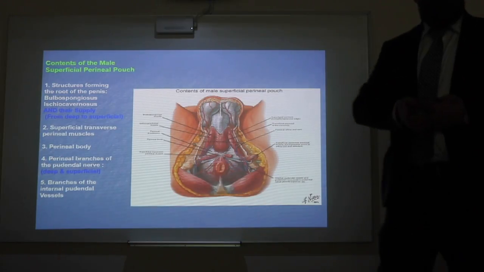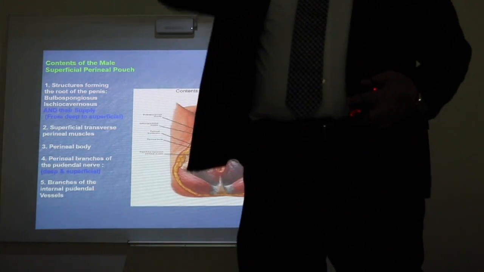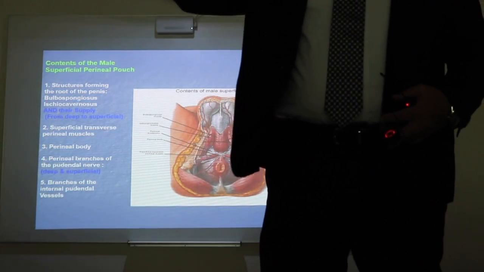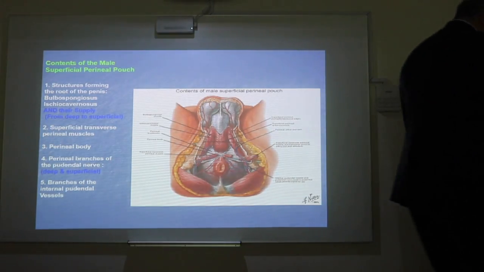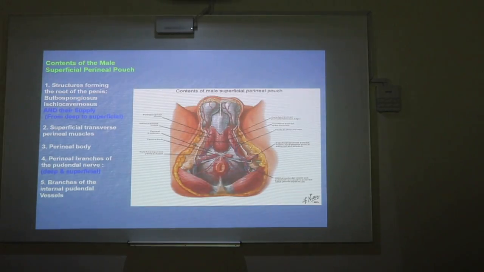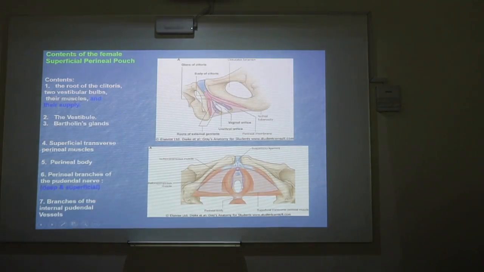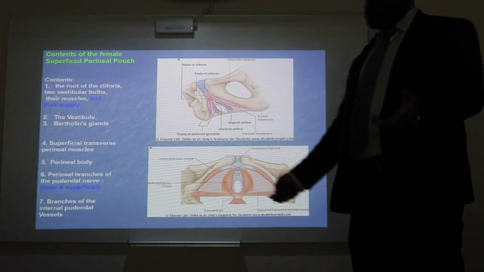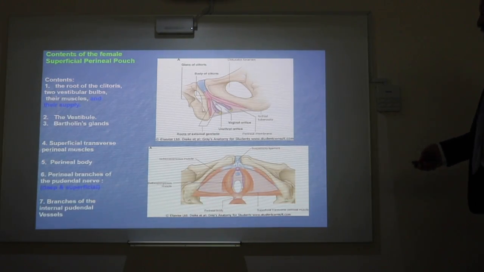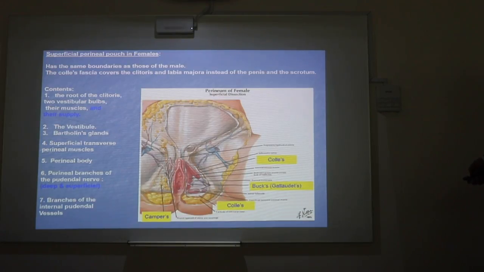So the only common thing between the deep and the superficial pouch are the blood vessels.